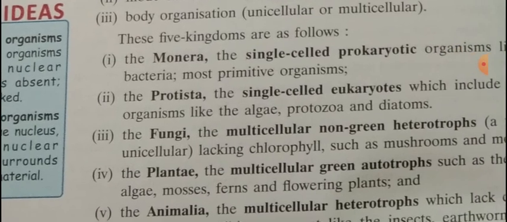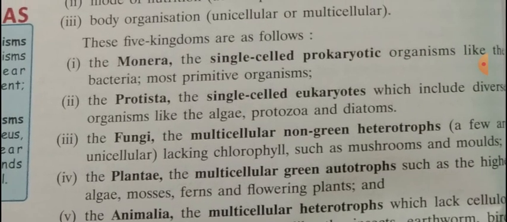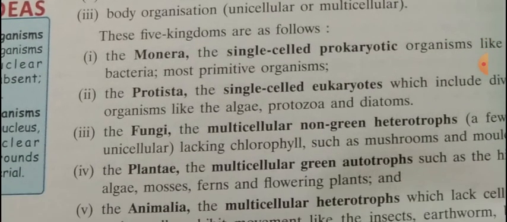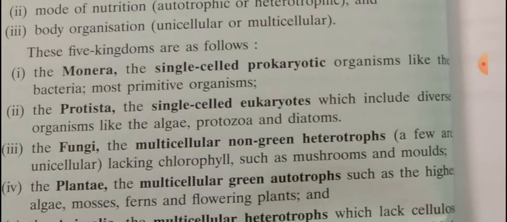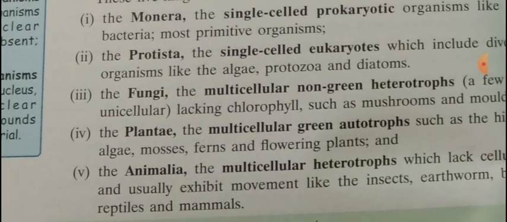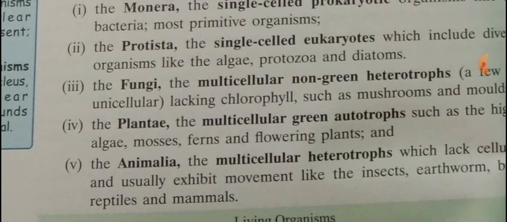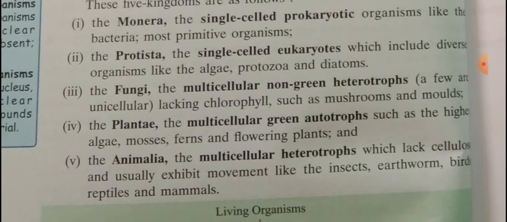So the first one is Monera, the single-celled prokaryotic organism, just like bacteria. Then we have Protista, single-celled eukaryotes, which include diverse organisms like algae, protozoa, diatoms, and so on. Then the third group was fungi, the multicellular non-green heterotrophs.